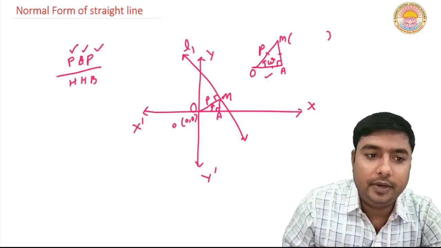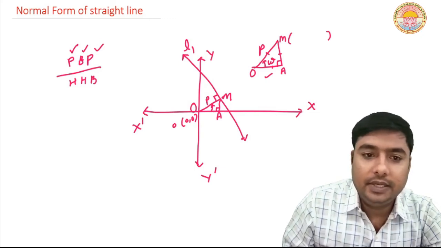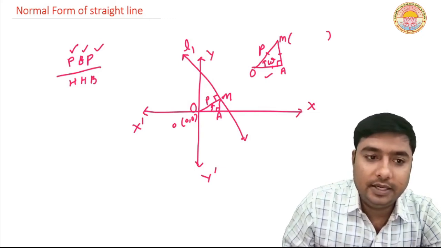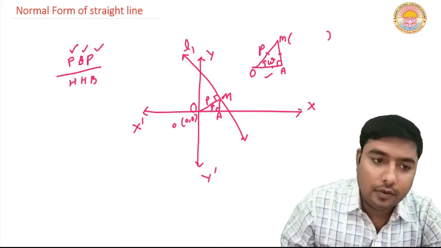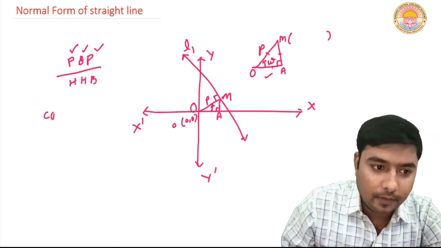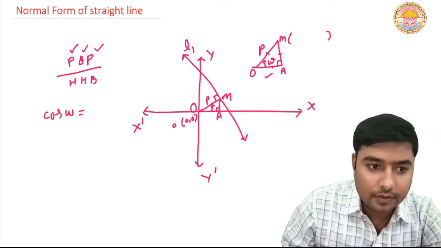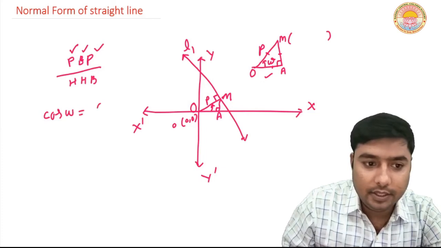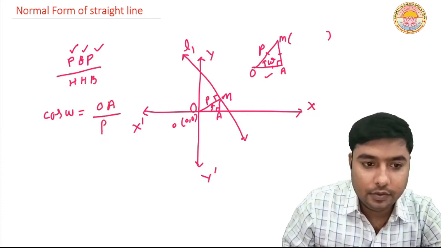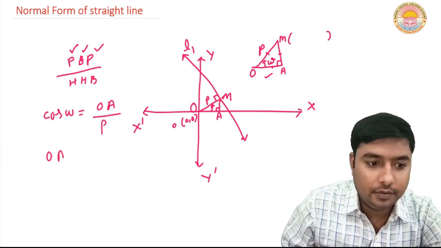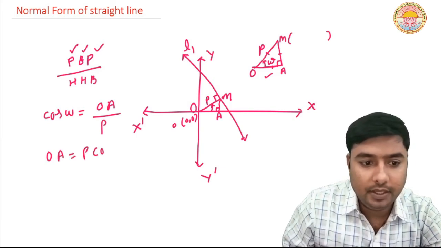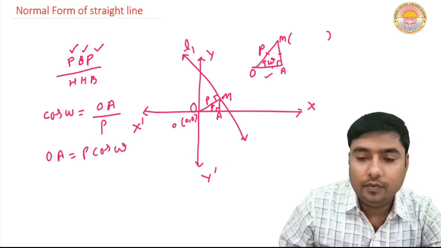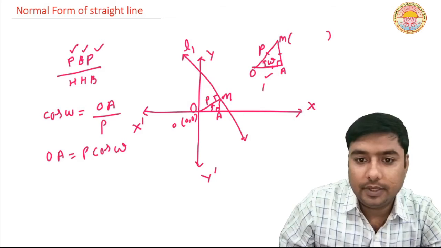Base and hypotenuse: cos omega equals base, which is OA, upon hypotenuse, which is P. So OA equals P cos omega. This value is P cos omega.